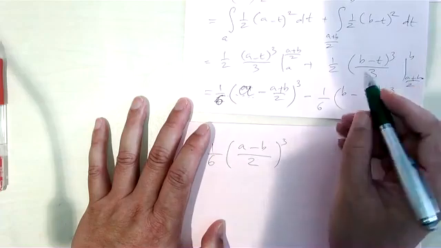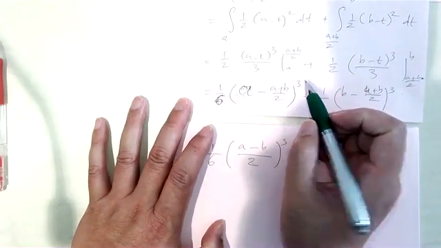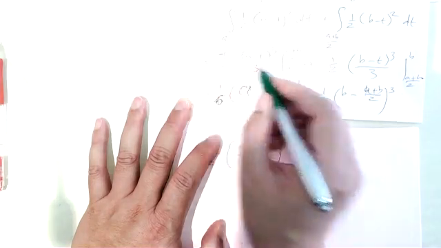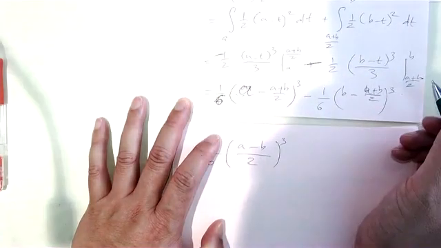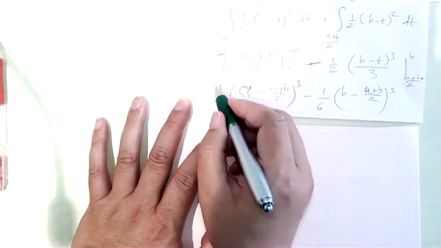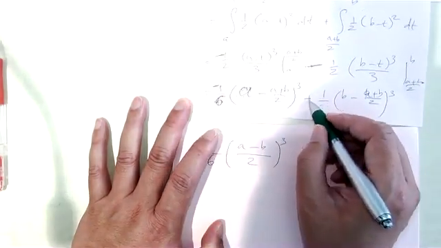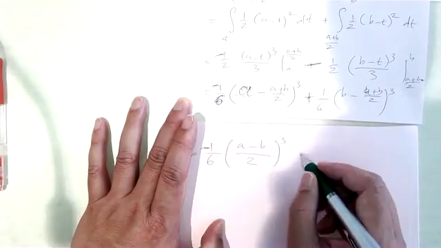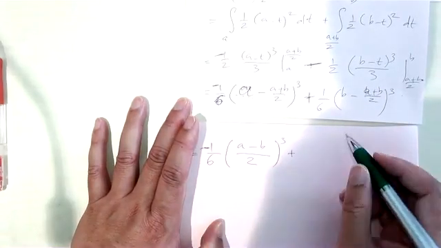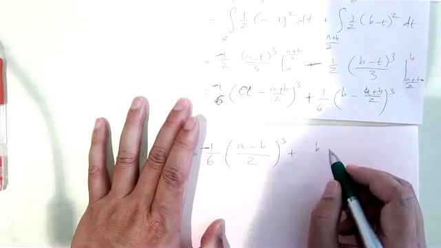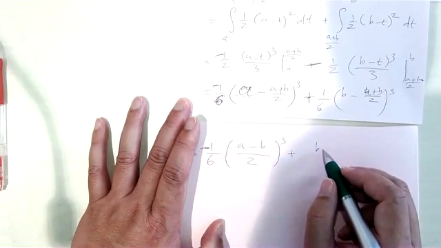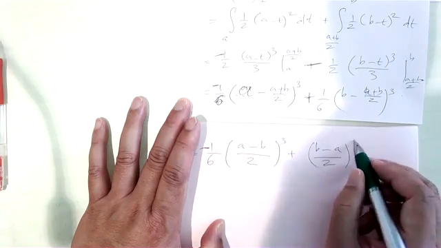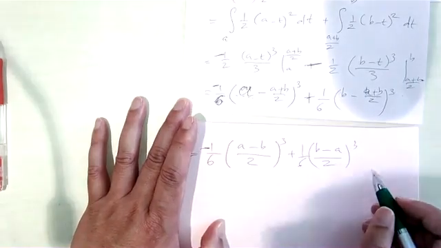Okay, I forgot. There should be a minus on the inside, and the same here, should be here as well, a minus here and a plus here. So this one is (b minus a)/2 over 6.